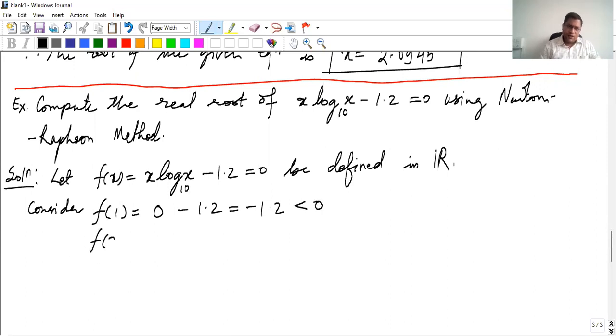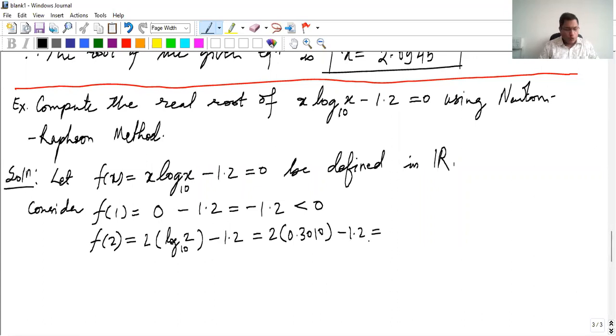Okay. What happens to 2? So it is 2 into log of 2 to the base 10 minus 1.2. So calculate this value. 0.3010 is the value of log 2. So it is 2 into 0.3010 minus 1.2.